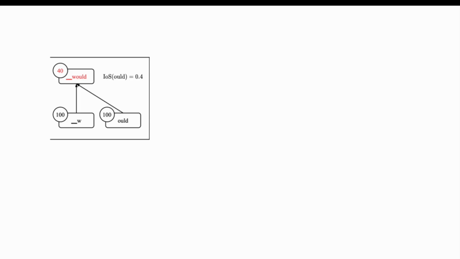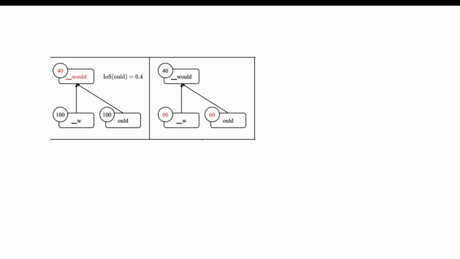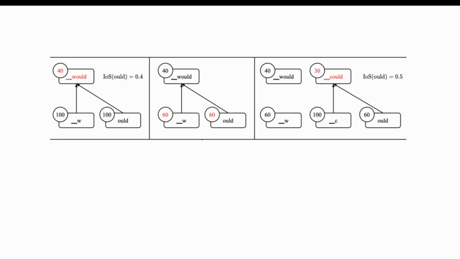So if we think of the subword OULD, which is in the word wood, if we're building our list of merges in our vocabulary and we're learning the merge W and ood, we can make up would, but ood is still happening in other contexts, so we don't take it out of our vocabulary.